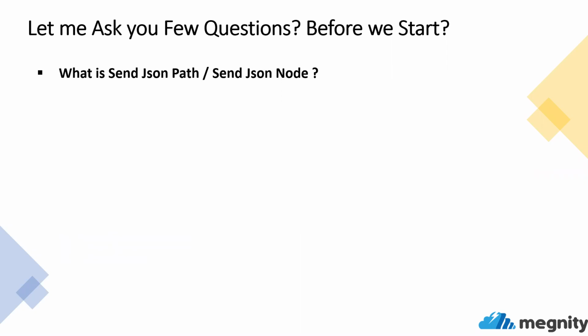What is a send JSON path and a send JSON node? This is very important in OmniScript. If you don't understand this, then nothing else will work; you will get a lot of errors while doing actual work. How many of you know what send JSON path and send JSON node are?